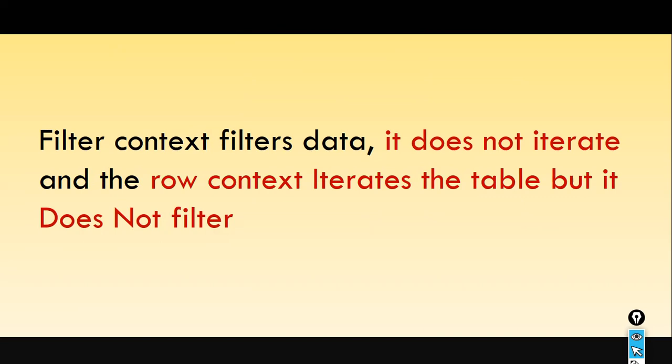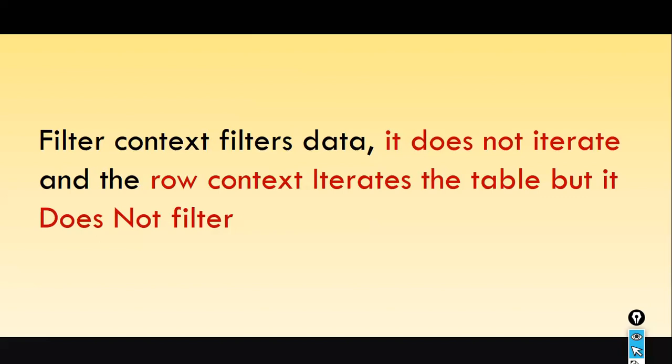How can we create the row context programmatically? Write a measure using an iterator function. Iterator functions like SUMX, AVERAGEX, COUNTX perform row-by-row iteration. So DAX creates a row context automatically when we define a calculated column.